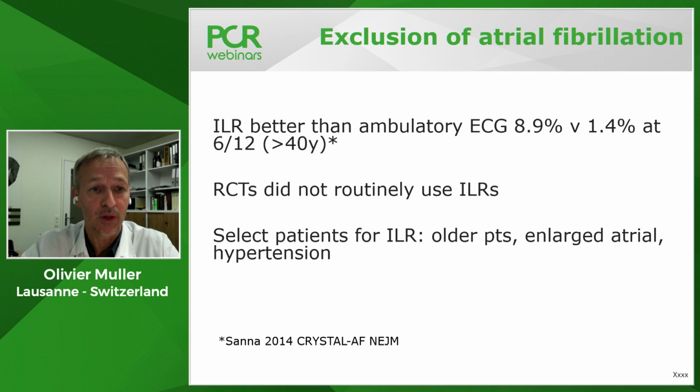Meaning, and I'm coming back to what I was saying, if you test the implantable recorder in a population over 60, I think the chance to find it is really higher than below 50. Indeed, there are risk factors associated, but I would say that age is a major risk factor.